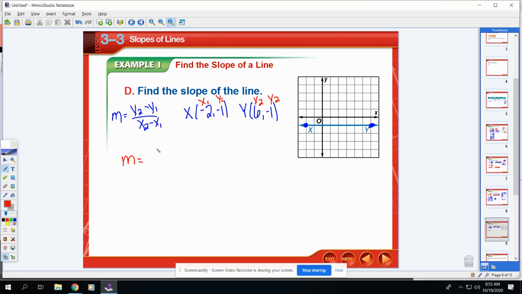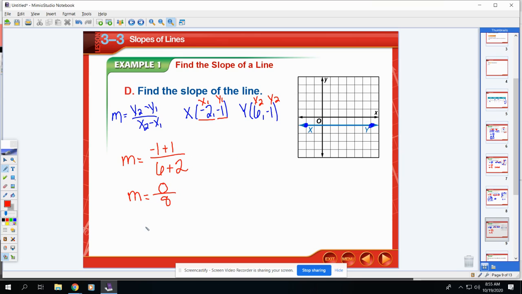So this is going to be y2 minus y1 here. So -1 minus a -1. So we're going to turn that to a plus. X2 minus x1, 6 minus a -2. So minus a negative. So this is going to be -1 plus 1 is 0. 6 plus 2 is 8.